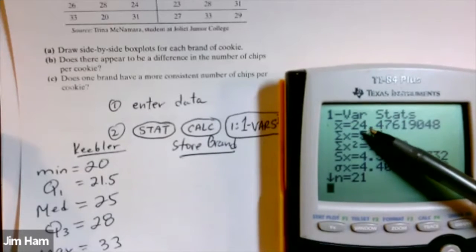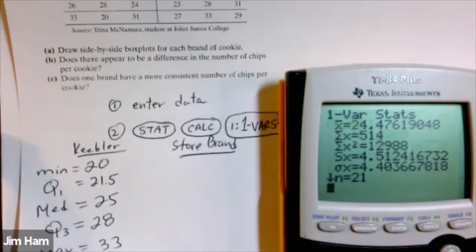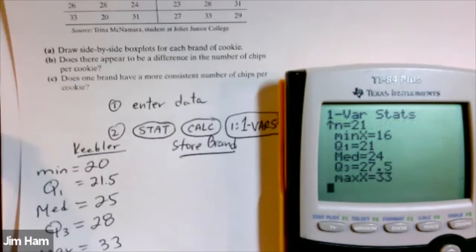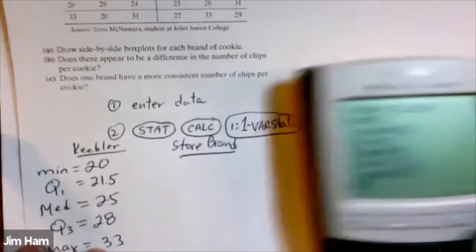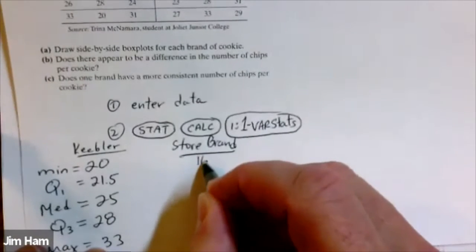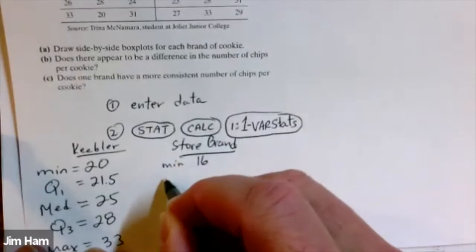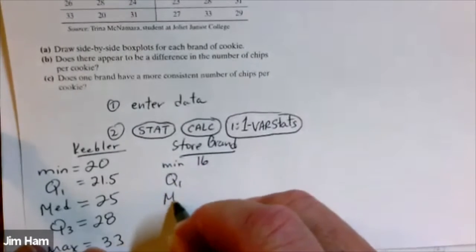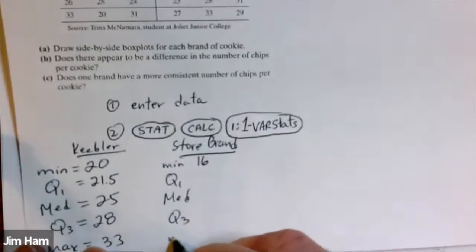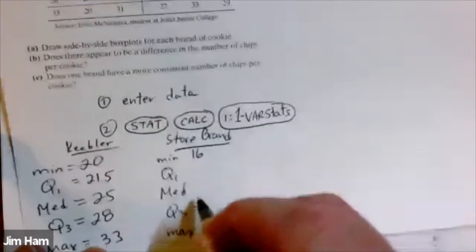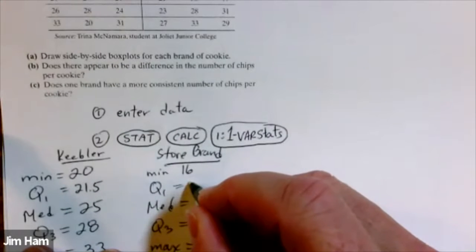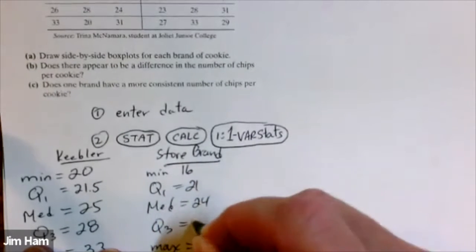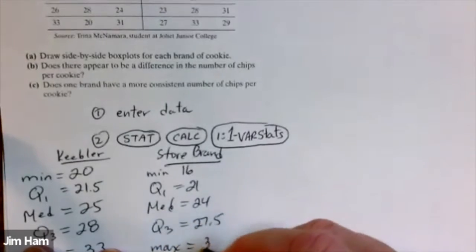There's the mean, standard deviation, and then we'll scroll down to get the 5-number summary. So 16 is the min, and Q1, and median, and Q3, and max, the 5-number summary. So 16, 21, 24, 27.5, and 33.